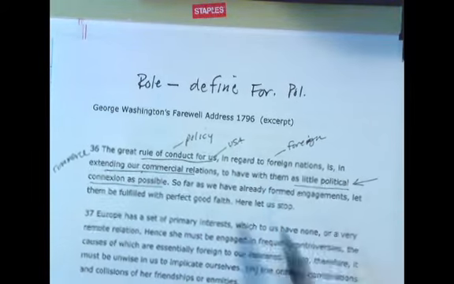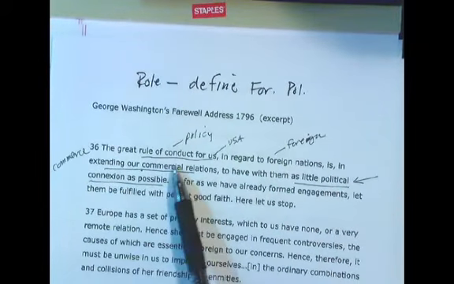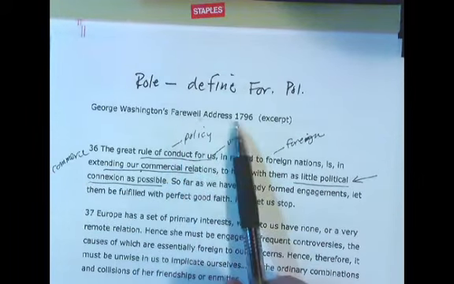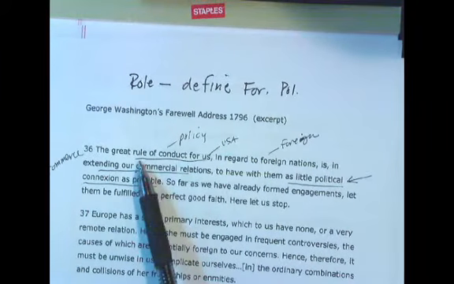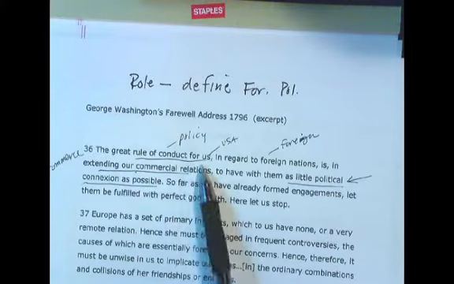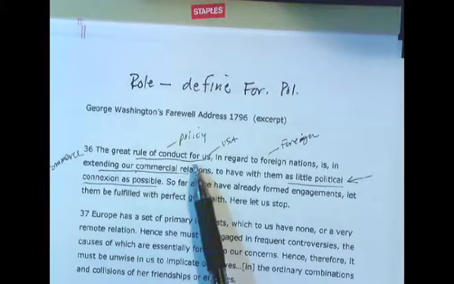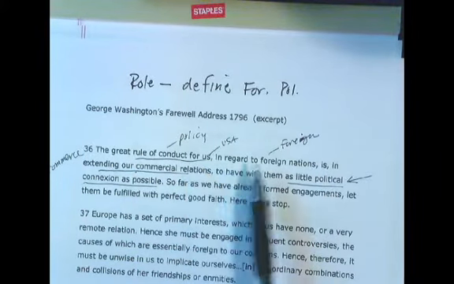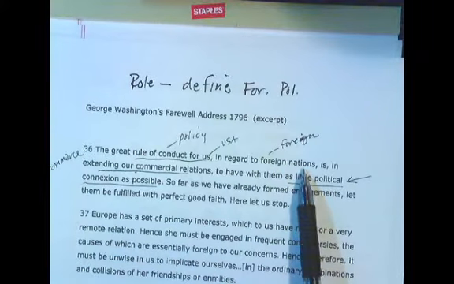I need to just be clear how he did this. In a sense, he outlines in his farewell address, Washington says, the great rule of conduct for us. So he emphasizes how we should behave in regard to foreign nations.